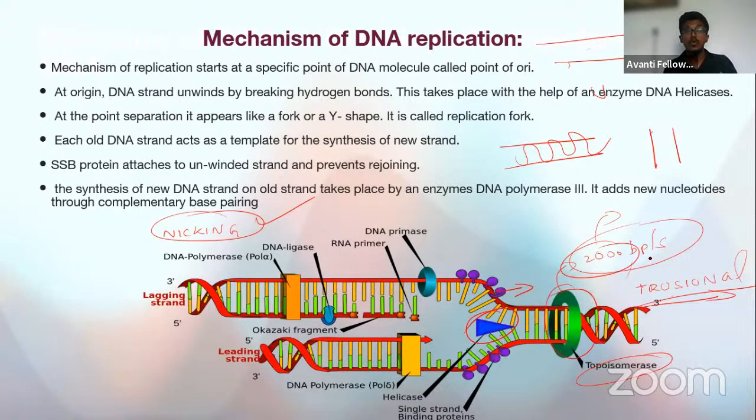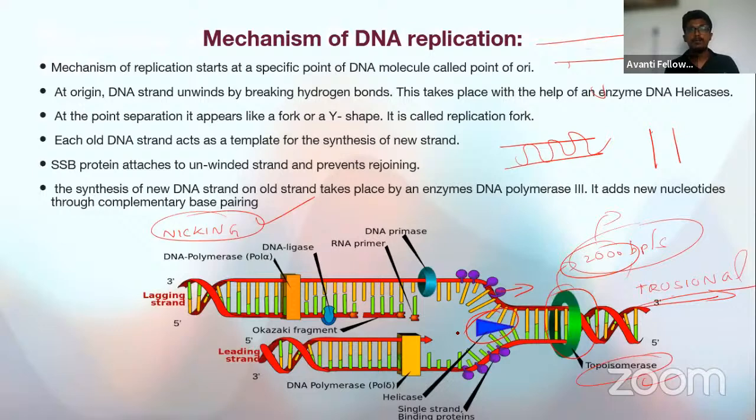So it goes before helicase, making sure that the further DNA is not stressed because of the unwinding. So what is topoisomerase? Topoisomerase is a protein that helps in preventing nicking of DNA or breaking of the parental DNA. Got it? So this is another very important thing. Topoisomerase or gyrase.